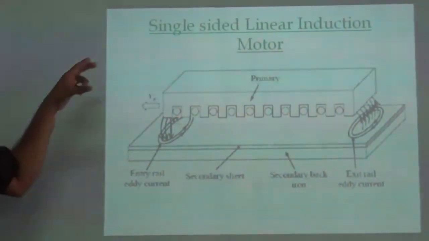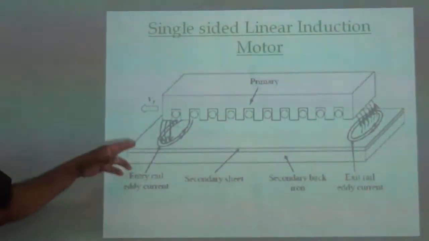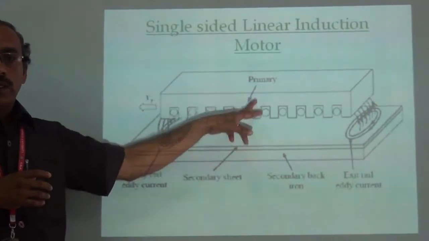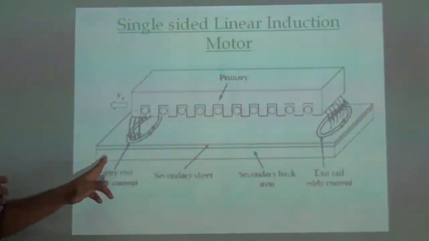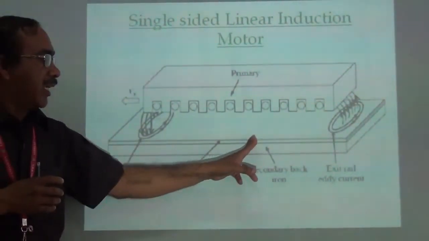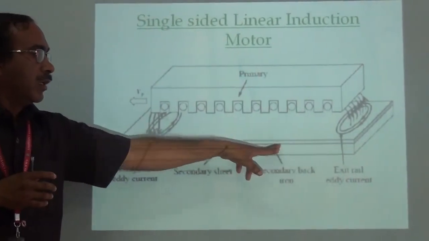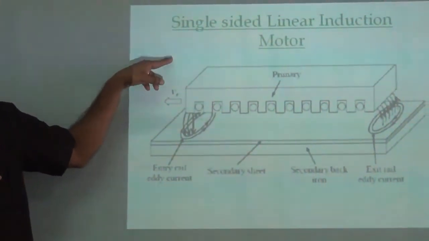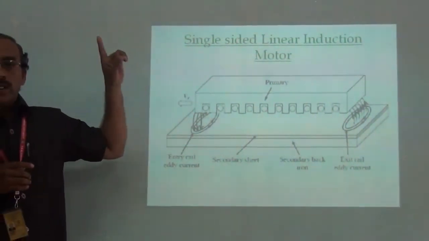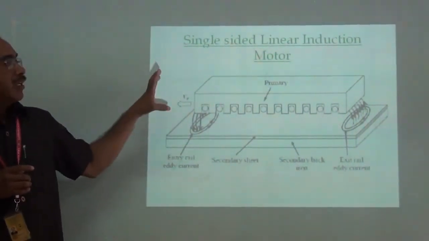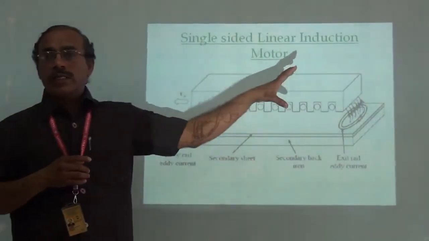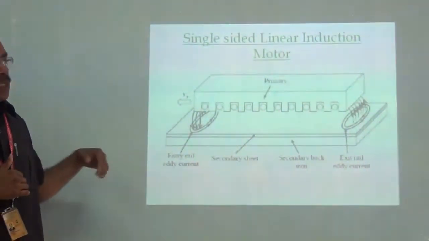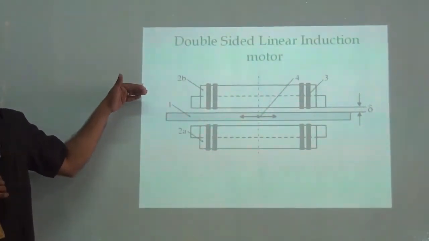Here, as shown, this is the primary of the linear induction motor, and then we have the secondary conductor laid here. Whenever you have one primary winding and one secondary conductor, it is said to be a single-sided linear induction motor.